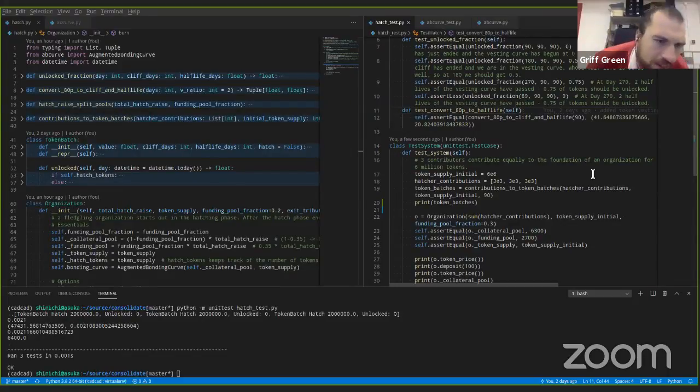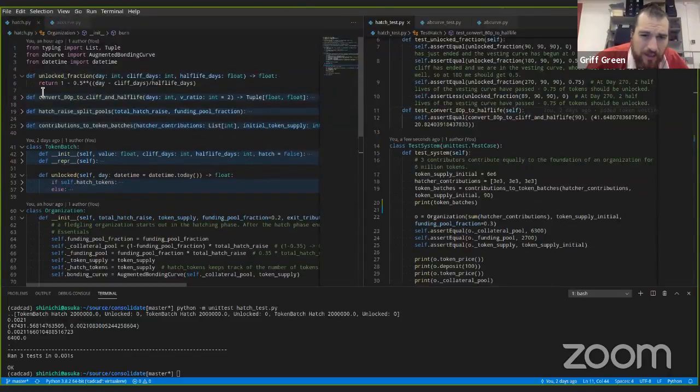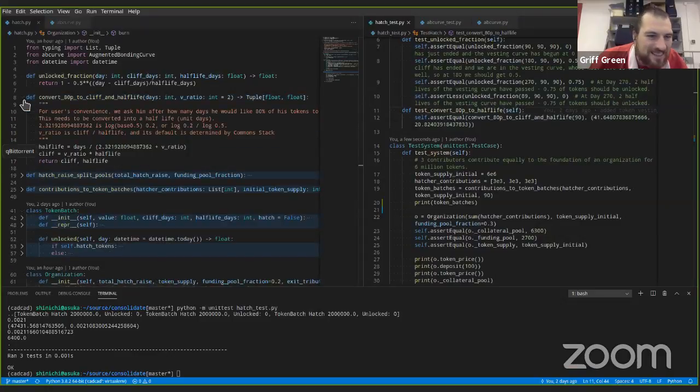The other one relevant here is the vesting curve. Augmented bonding curve is great, and bonding curve is great, that's all solid. But it seems like we could squeeze in vesting curve somewhere in that unlocked part. I like the convert ADP to cliff and half-life, but maybe that's the vesting curve.